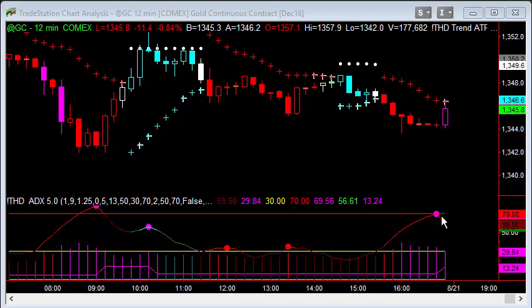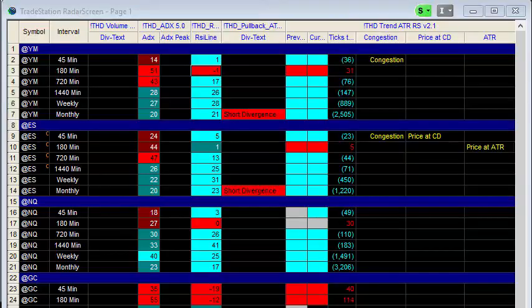For example, on a daily, if you get a daily magenta peak, then that tells you the trend direction for that day. Now again, I do not always have this on my chart, simply because a lot of times I'm looking at it in a radar screen format.